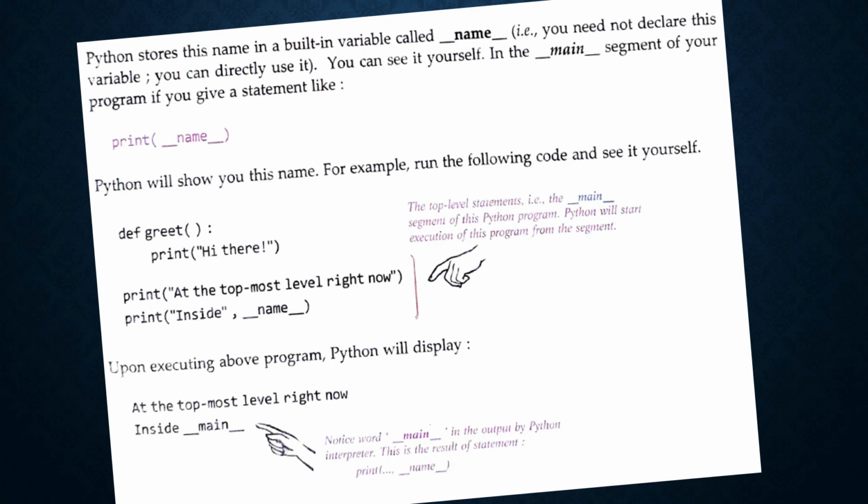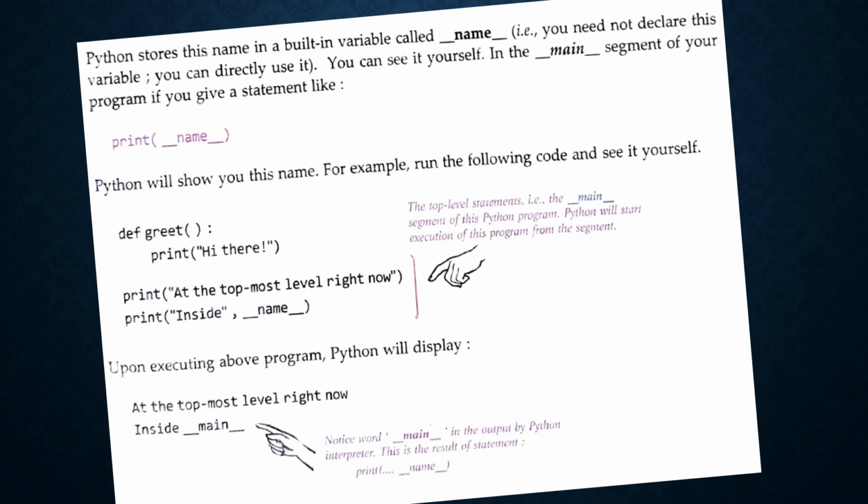This is the result of the statement print(__name__). Whenever you execute that program segment, it will execute the top level statements first, then it will execute the function. Top level statements means statements without indentation, without marginal space or horizontal tab, and they will be executed first, as they do not belong to the function.